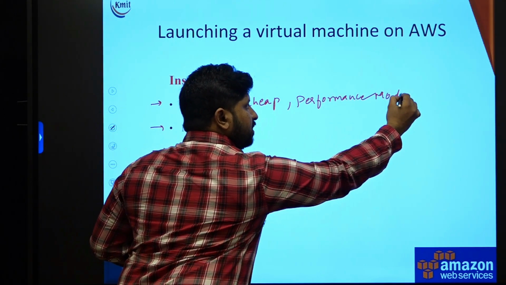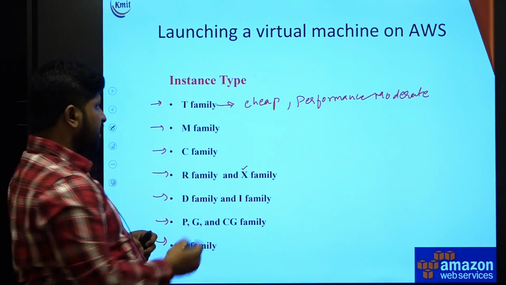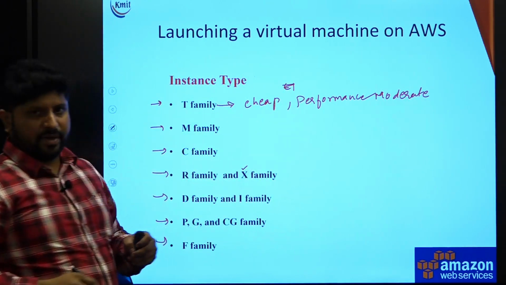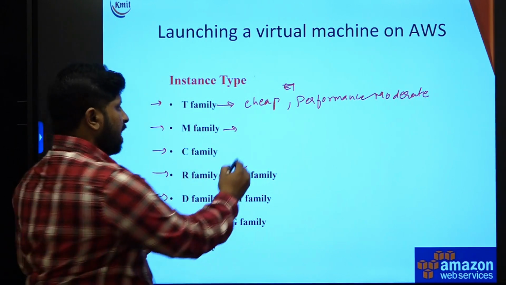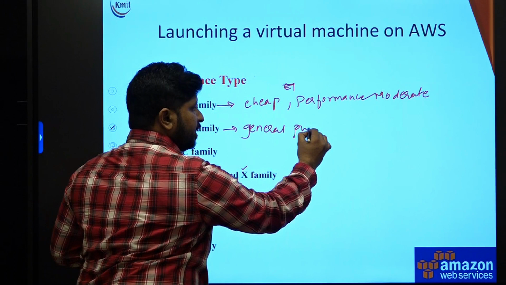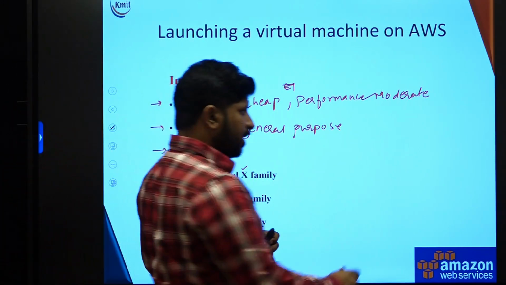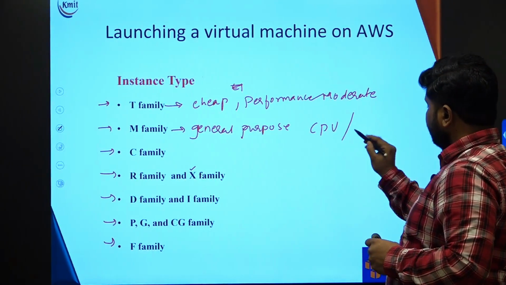There is a balance in your computing power. At the same time, M family are general purpose EC2 instances, where there is a balance between your CPU cores and memory.